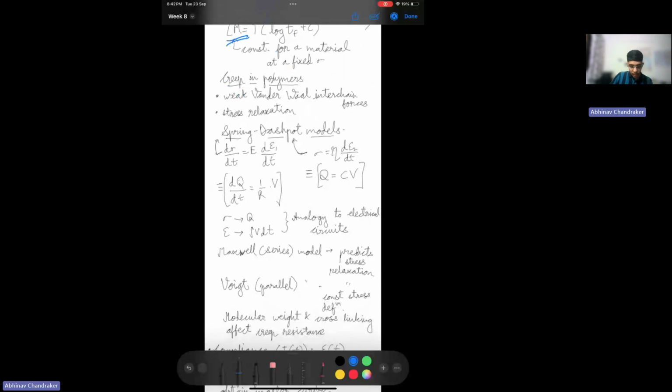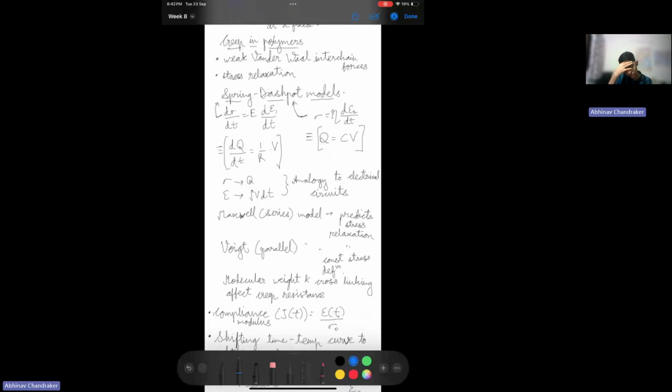Next, we'll look at creep in polymers. Polymers also undergo creep, and in a way it is different in mechanism from what you see in metals. The properties and the stress versus time curve, strain rate versus time curve are also all different for polymers.